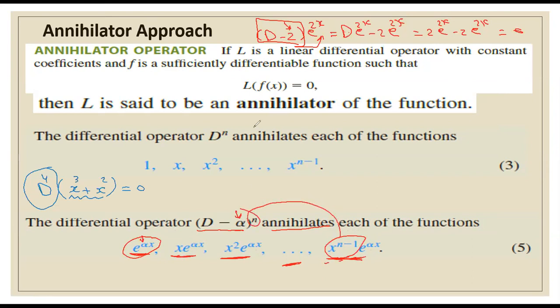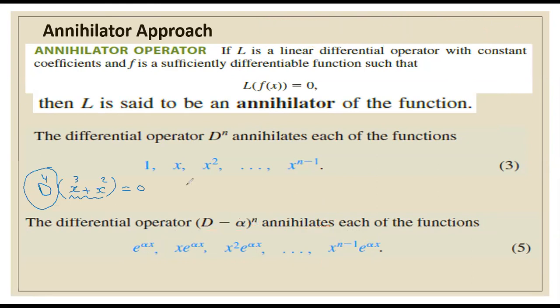So let me ask you about the annihilator of the following function: x to the power 3 e to the 7x. Can anyone guess the annihilator of this function? D minus 7 to the power 4. D minus my alpha, where is my alpha?